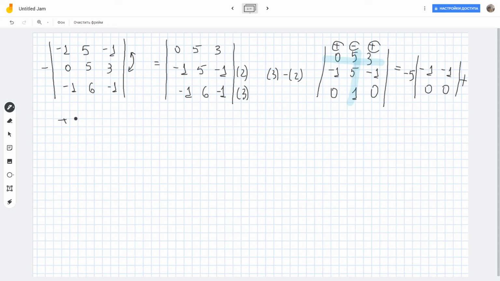Plus, so here we add plus 3, and then here we have another matrix. So we cross out this row and column, and our second matrix will be this one. So here we'll get minus 1, 5, 0, 1.